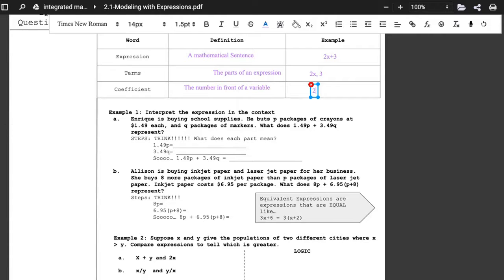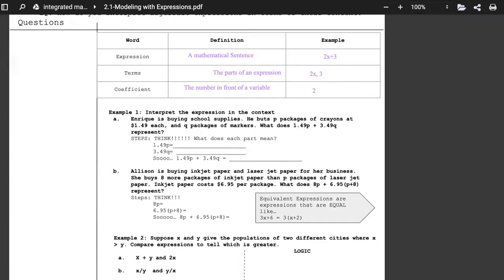So let's start with highlighting the important information. I'm going to highlight in green the P, because P is a variable and it stands for crayons. And I know that they are $1.49 each. I'm also told that there are Q packages of markers.